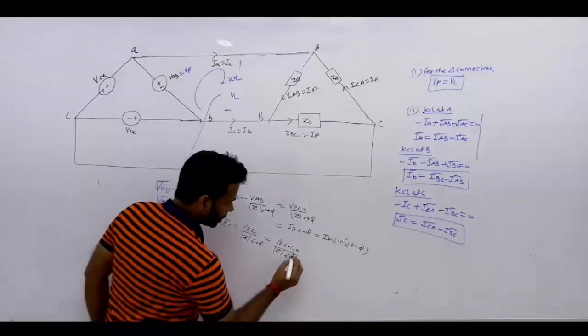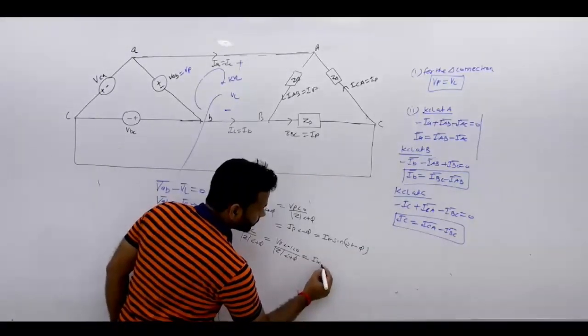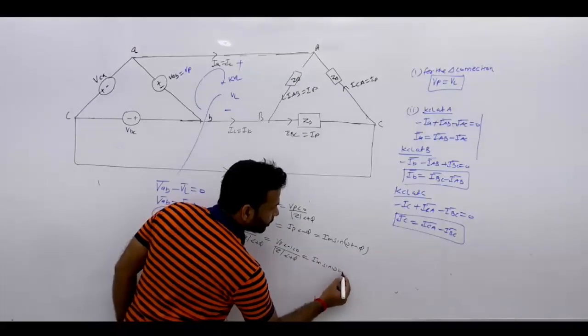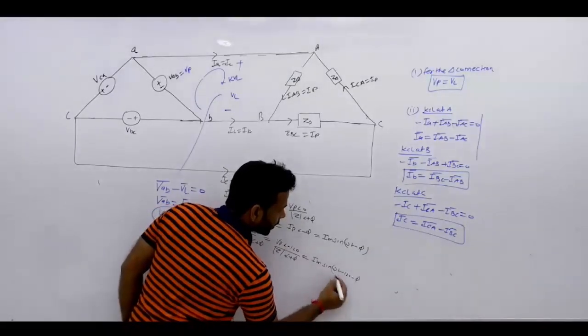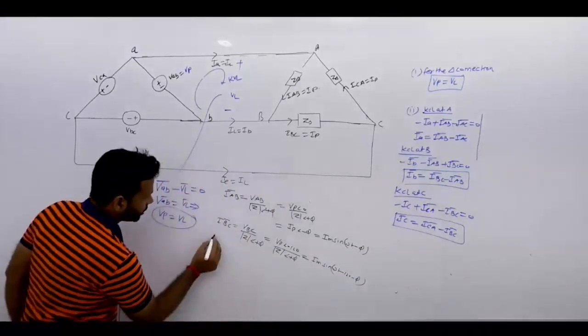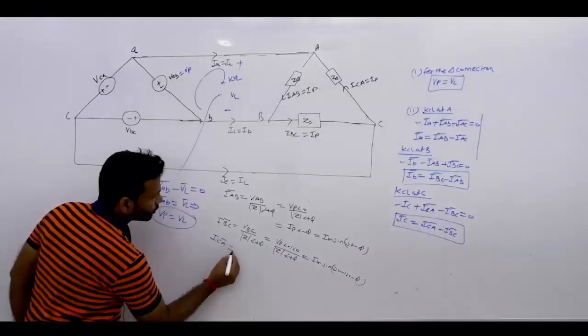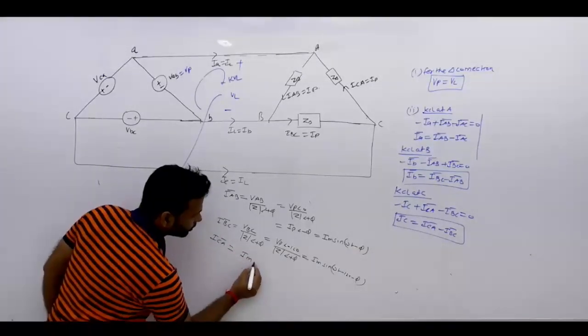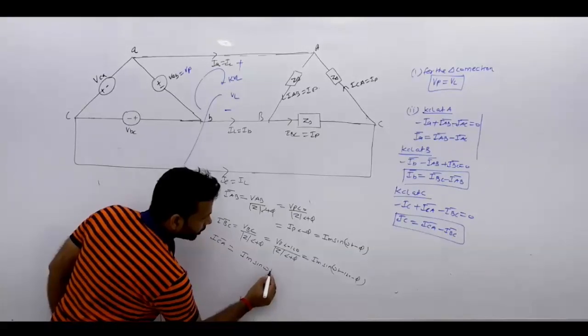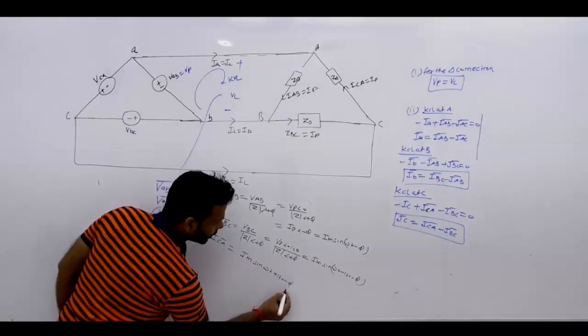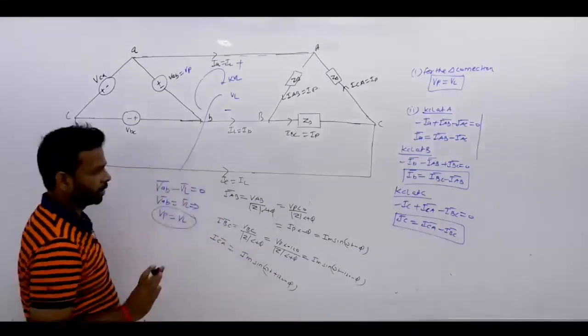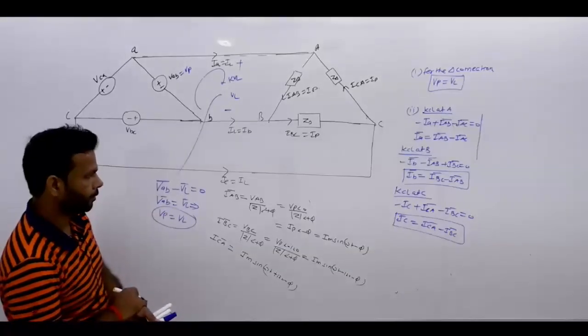So we can write it as Im sin omega t minus 120 degree minus phi. Similarly, I just write ICA, that is equal to Im sin omega t plus 120 minus phi. ठीक है। So these are the currents for the phase values.